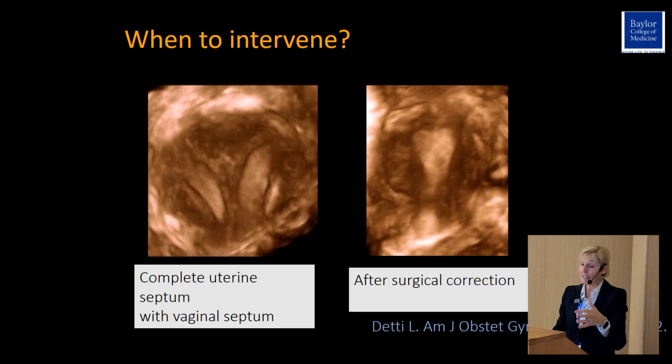So I went in and did my surgery, and then approximately a month afterwards I had the patient come back for another ultrasound to see if I had indeed incised the whole septum. And I did. I had done a fairly good job, but what surprised me was the width of that uterus.